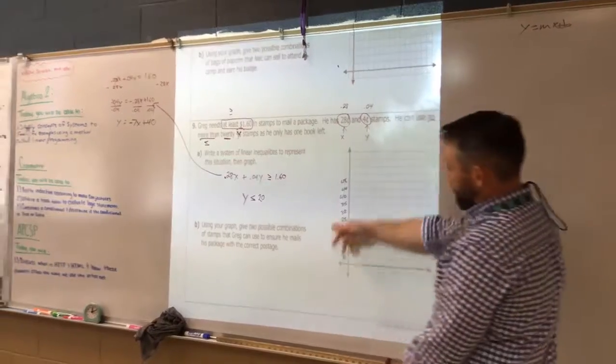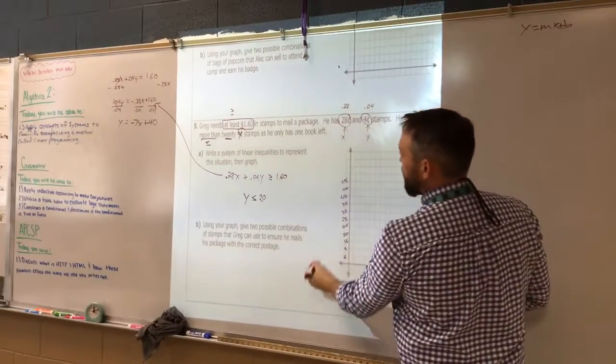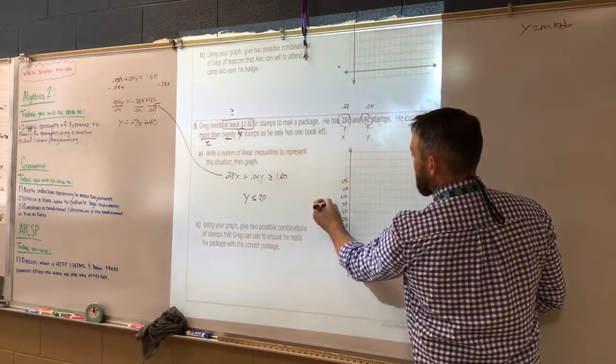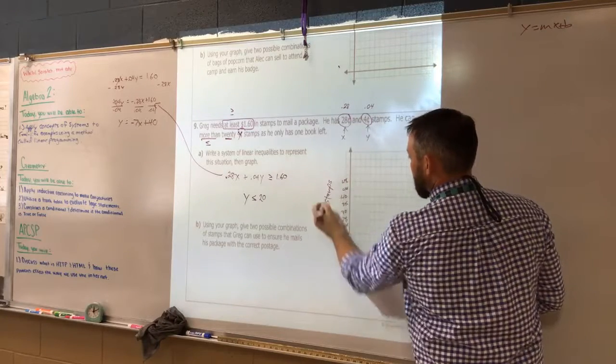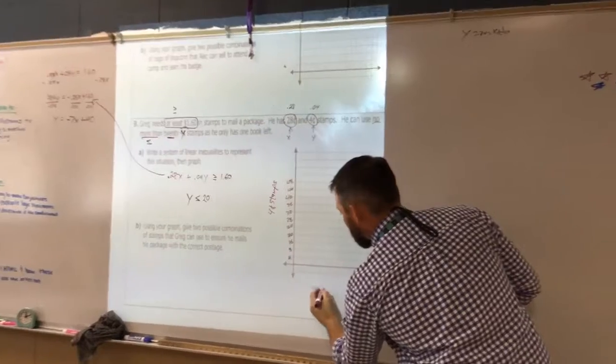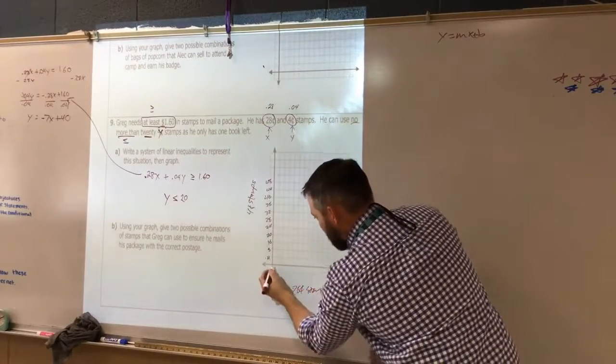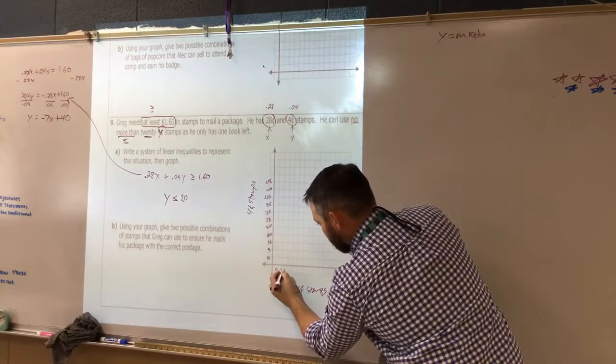Since we're going up that way, remember this axis represents your 4-cent stamps, and this one is your 28-cent stamps. I'll do the same scale, just keep it 1 to 1.